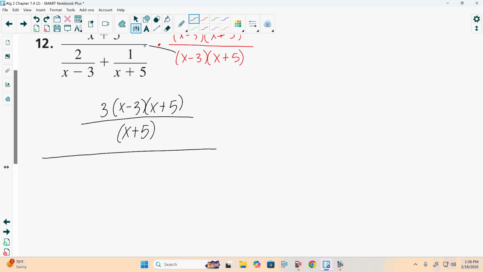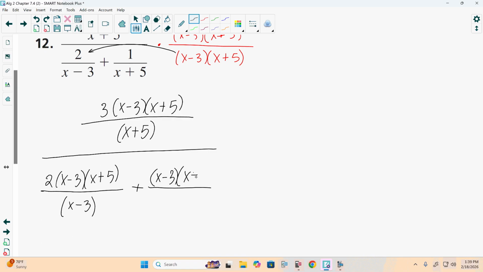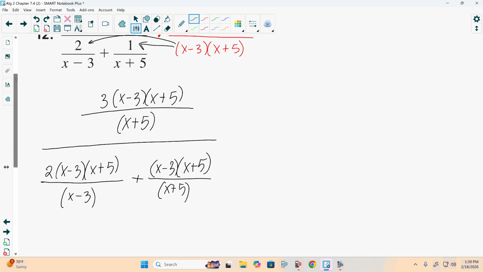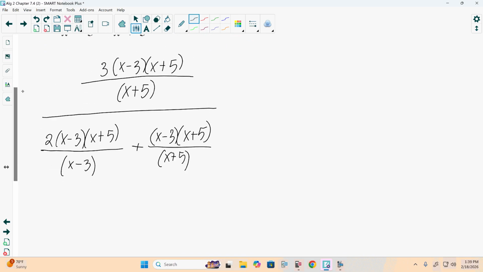We did the same thing with the denominator, telling us that this first expression is going to be 2 times x minus 3 times x plus 5 over x minus 3, plus x minus 3 times x minus 5, or x minus 3 times x plus 5 over x plus 5, because we're multiplying that by the 1. So we got to this point here, or almost, I think, to the next step.